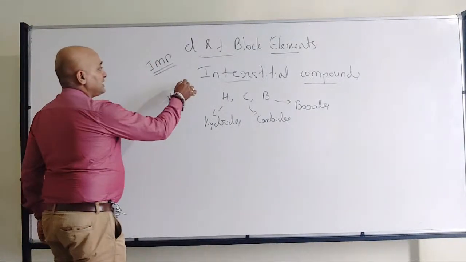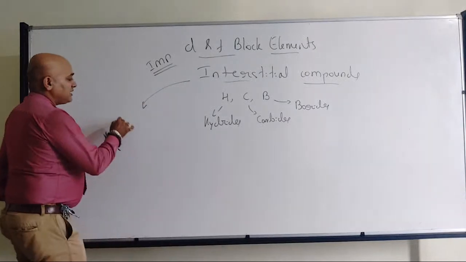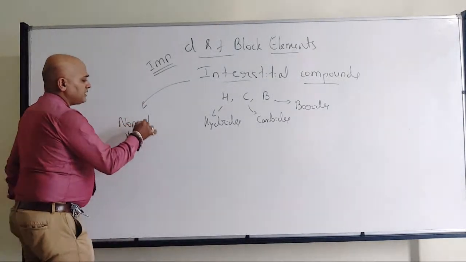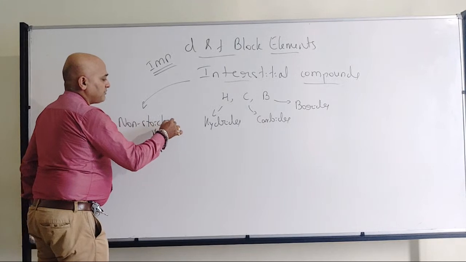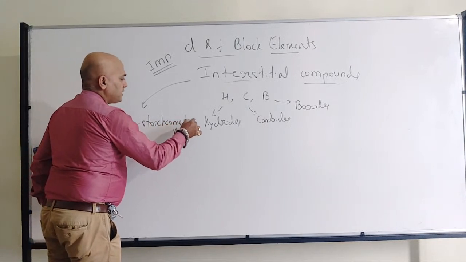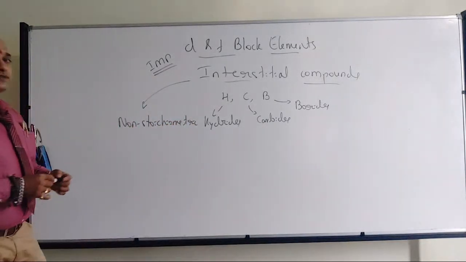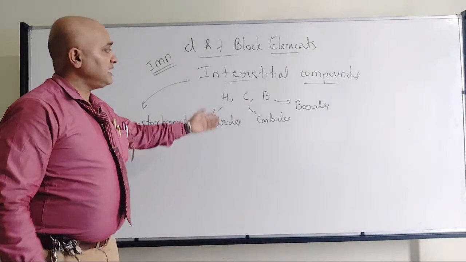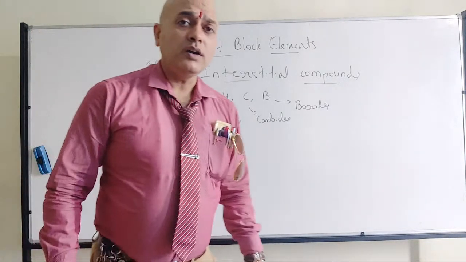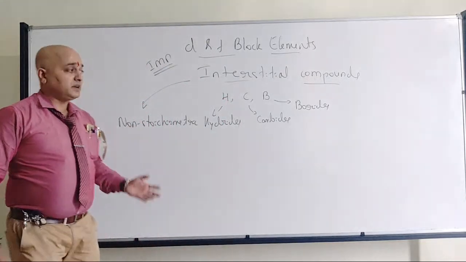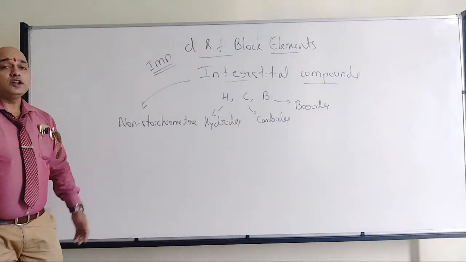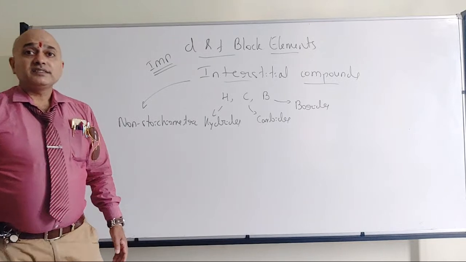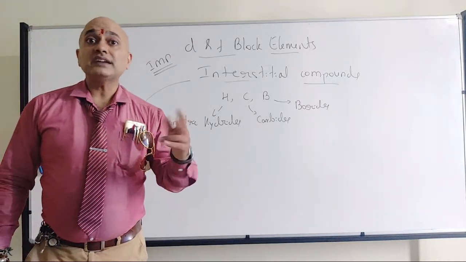Now the point here is they are having non-stoichiometric combination of these transition elements with the hydrogen, carbon or boron. What do you mean by non-stoichiometric? That means we cannot have exact ratio.